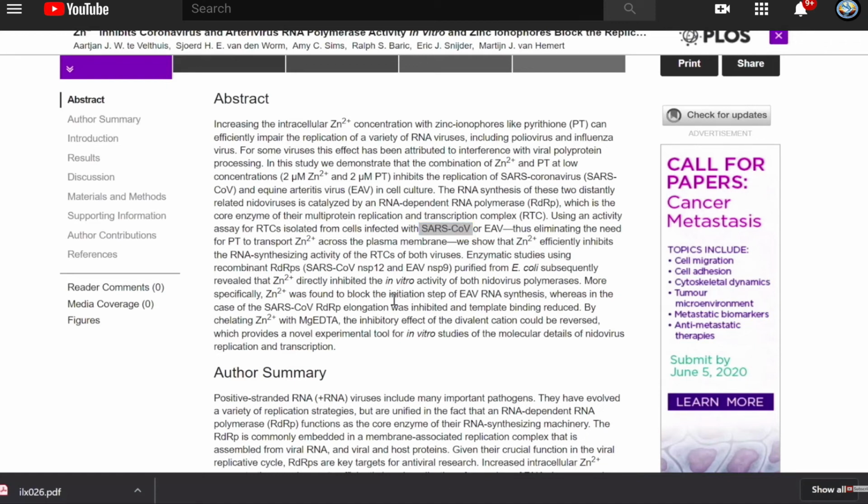It did show that zinc was found to block the initiation step of RNA synthesis. They found for the SARS-CoV that RDRP elongation, that's the RNA-dependent RNA polymerase elongation, was inhibited and template binding was reduced. When they bound the zinc with EDTA, which is a binding substrate, they noticed that this inhibitory effect was reversed. In other words, showing conclusively that it was the zinc that was slowing it down.